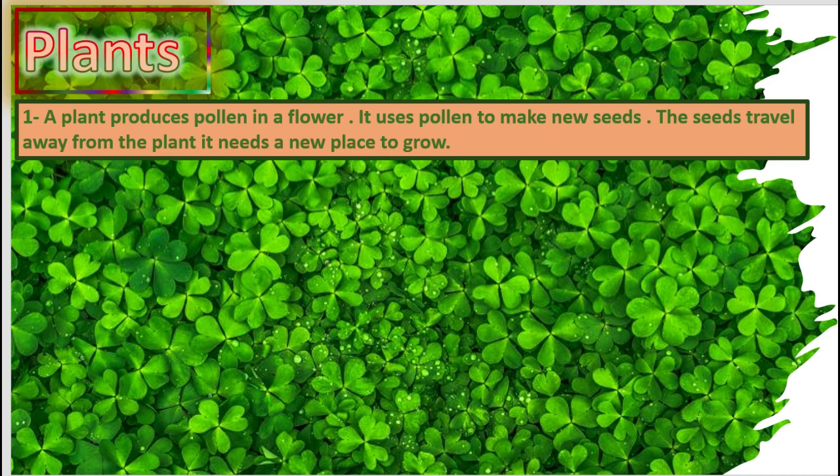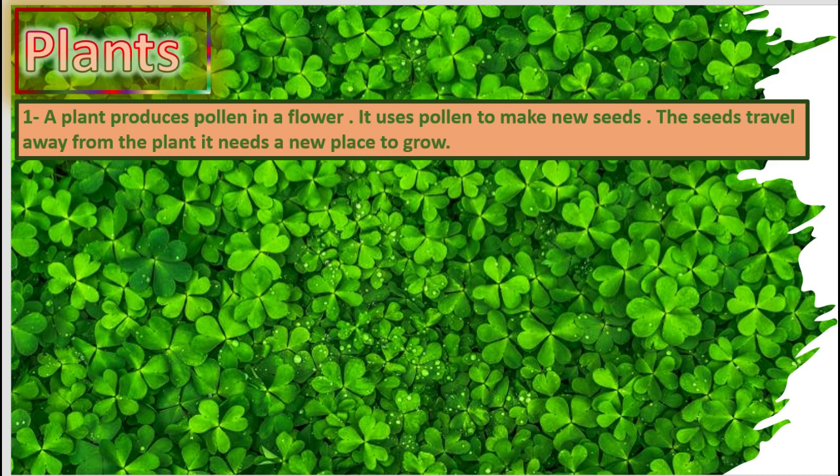So the first kind, like I said before, we call pollen. This pollen is inside the flower. Pollen helps to make new seeds. And after that, these seeds travel away to find a new place to grow. And we know the ways to grow a plant.